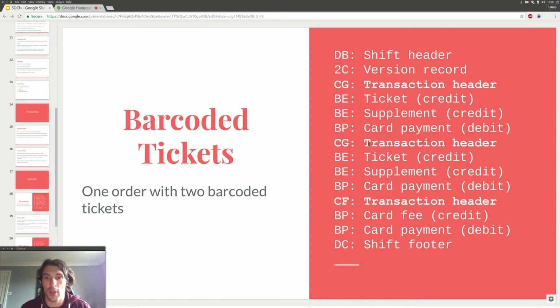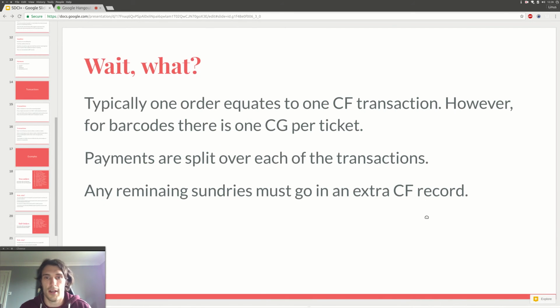Then again, your second ticket goes inside of its own transaction header. And then finally, you have a third CF transaction this time that has the card fee and card payment record for that card fee. Again, a bit of a, what the hell, because typically one order will equate to one CF transaction.